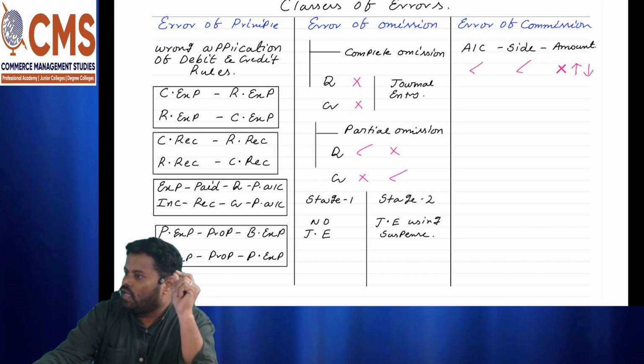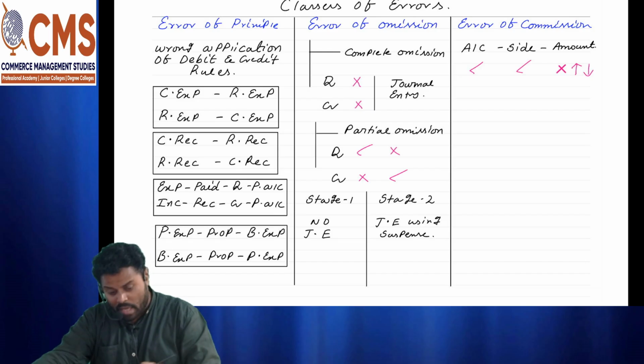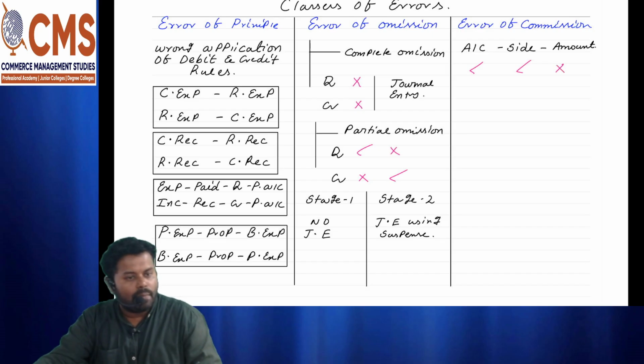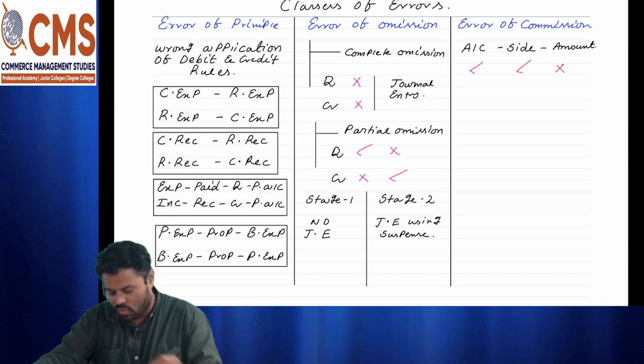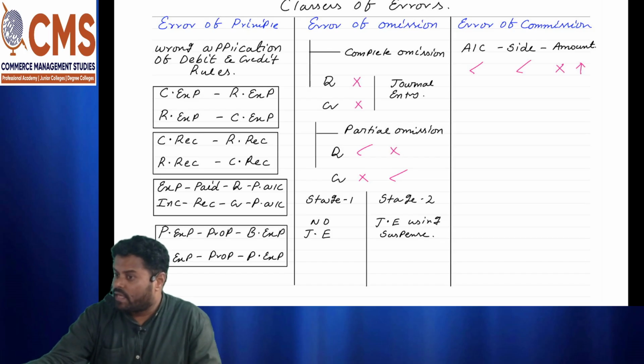Don't touch the error. Never touch the error, because income tax department people have a version called manipulation. They will say that you have manipulated your records if you apply whiteners and all that in your accounting books. Am I being clear? Okay, let's write both the versions here. So if it is overstated, you write the excess amount on the opposite side.